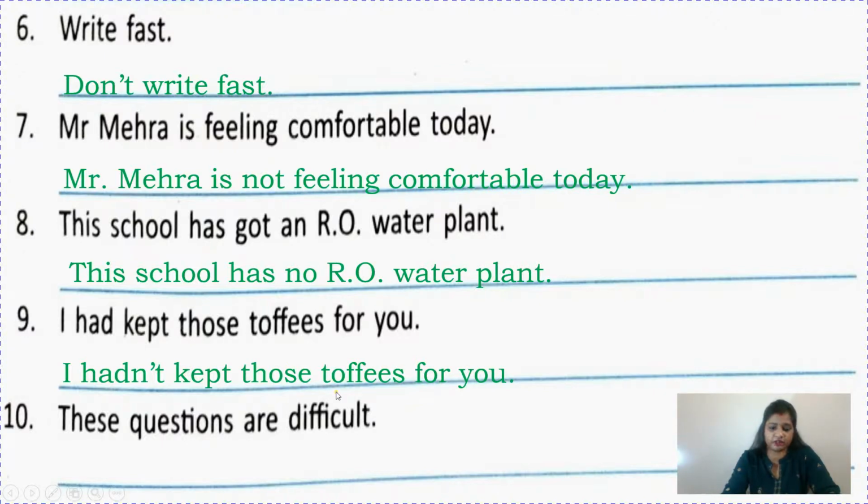These questions are difficult. These questions are not difficult. See children, suppose it was written like this: this school has an RO plant, then you would have written this school has no RO water plant. But it's written got, so please write has not got. Got the concept clear? If there is no got, then you will write this school has no RO plant, but it is written got, so you will write has not got.